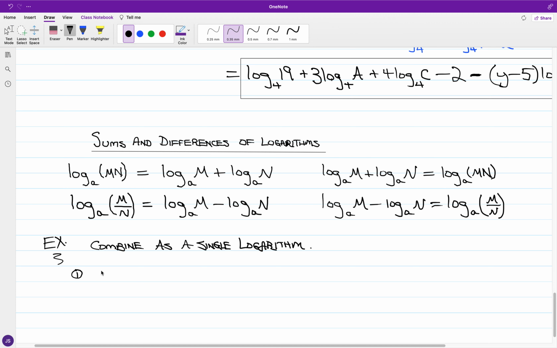starters, something like 2 times the base 5 logarithm of u minus 20 times the base 5 logarithm of v, and so we have minus the base 5 logarithm of z, and so we have plus the quantity x minus 4 times the base 5 logarithm of w.